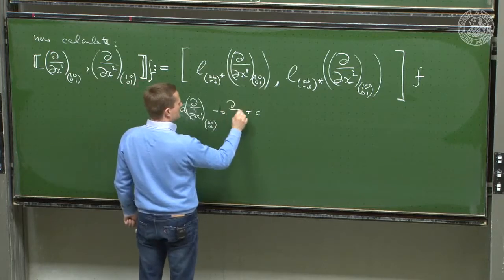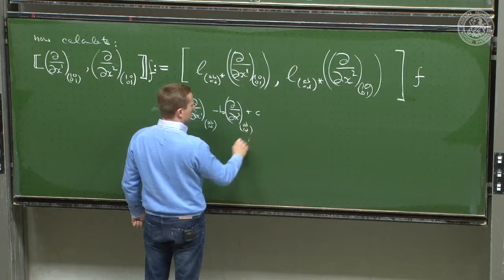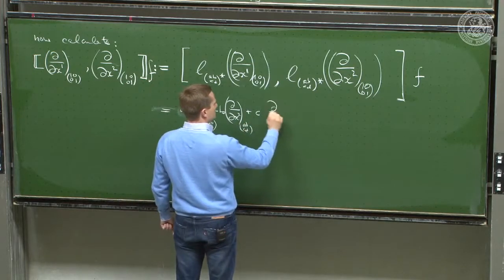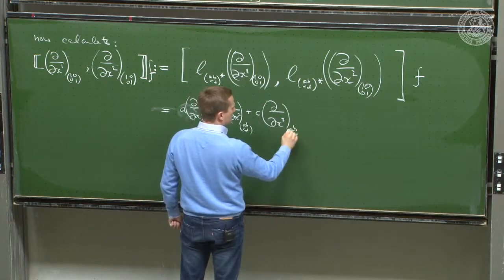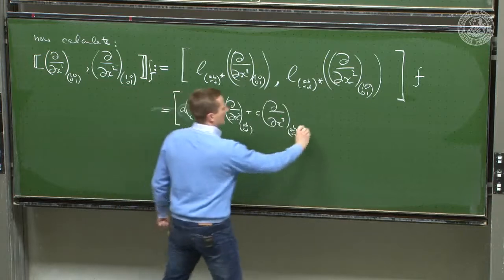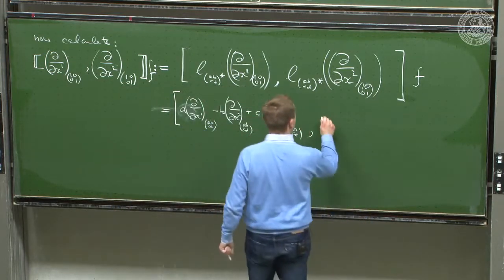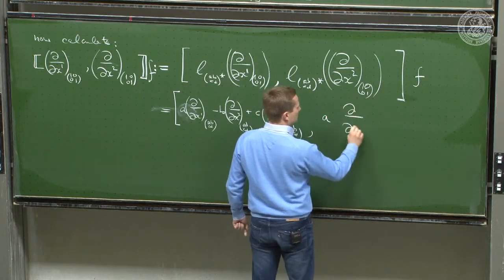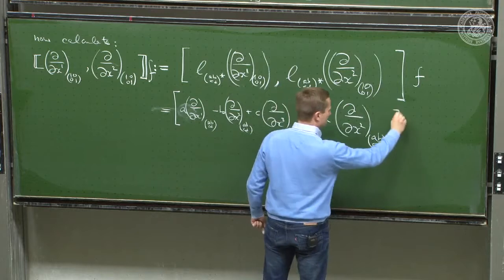Then d by dx2 at (A,B,C,D), and this is C times d by dx3 at these points. That's the first vector field. And the second one, you plug in the same. That's A d by dx2, happens to be a little simpler, at point (A,B,C,D).